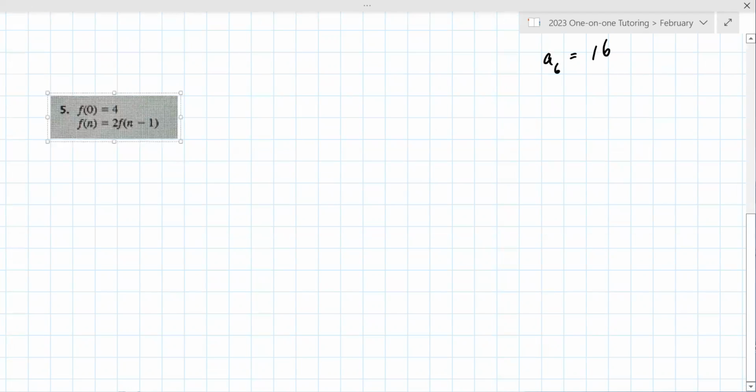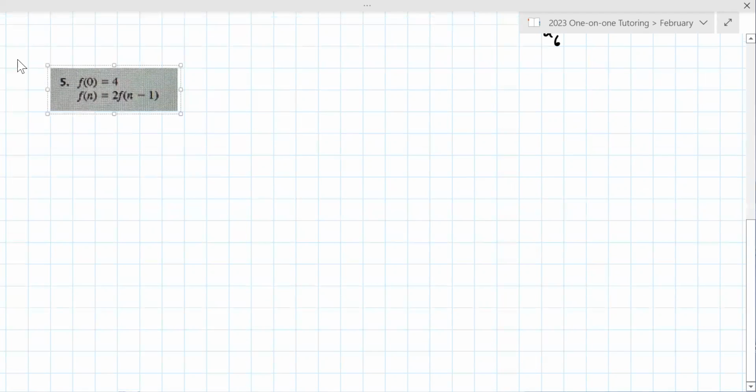So next one, again, they have to give you a term. This one's a little different because they're using function notation instead of subscript notation. It's the first term, but if you were to learn about programming, you might call this the 0th term, meaning it's at 0.